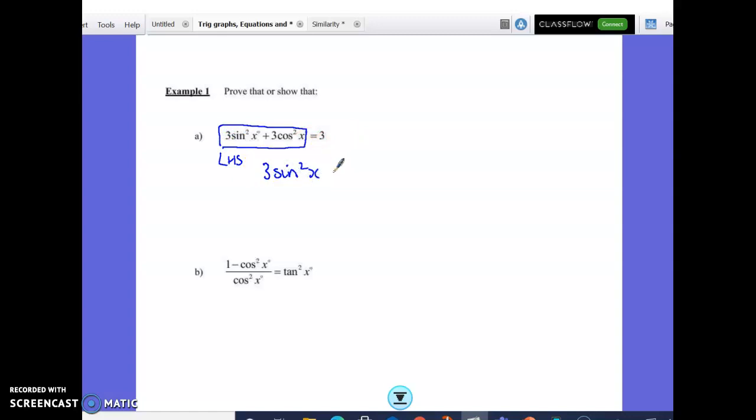So I get 3 sine squared x plus 3 cos squared x. I've got a common factor here of 3, so I'm going to take that out. So sine squared x plus cos squared x with my 3 out. That's one of my trig identities. Sine squared x plus cos squared x is just 1. 3 times 1 is just 3. So that's equal to my right-hand side, which is what I was aiming for.